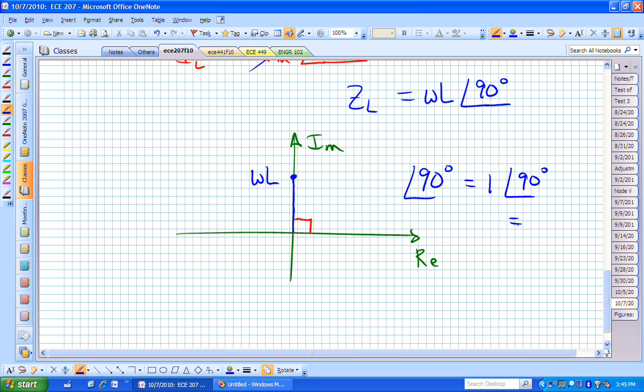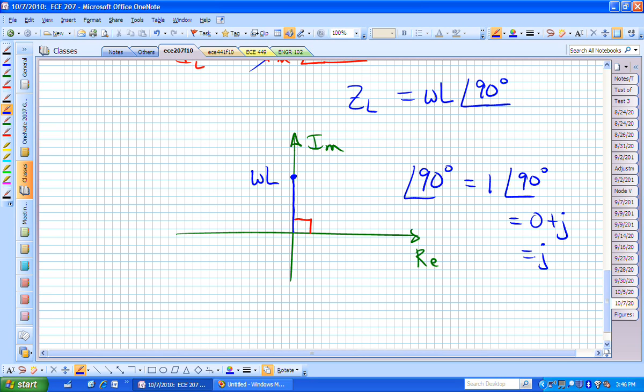If I took that to rectangular form, what would that look like? It's just j, isn't it? Square root of minus 1. We're going all of it in the positive imaginary direction. So an angle of 90 degrees is also equal to j.